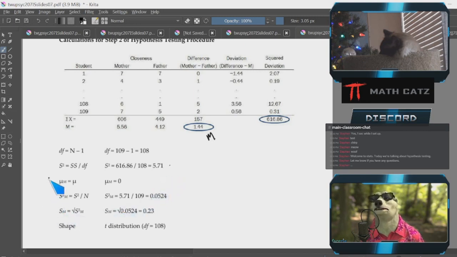Our comparison distribution information is over here, mu0 under the null hypothesis, and the standard error is over there. And the comparison distribution will be a t-distribution, degrees of freedom 108.